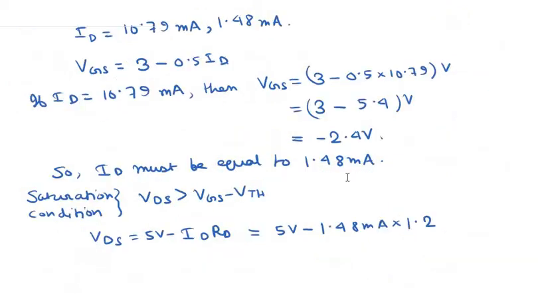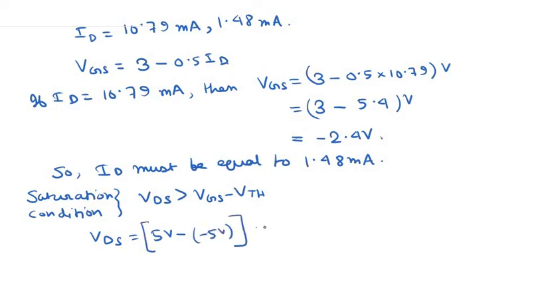So let us write the equation accordingly. VDS is basically equal to 5 volts minus minus 5 volts. So this is the potential difference minus the potential drop across the resistor Rs minus the potential drop across the resistor Rd.